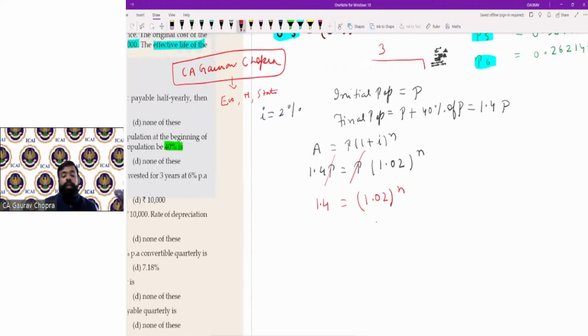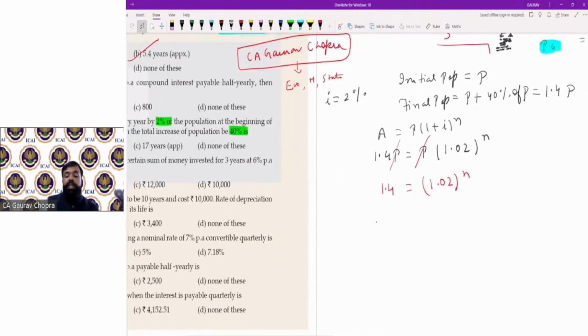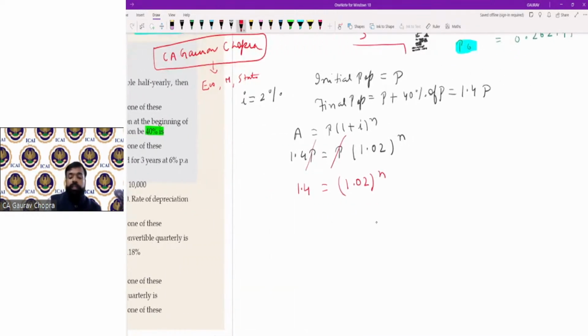So after pressing for 17 times, that is when N is equal to 17, you are getting your result. Therefore, number of years will be 17. Okay, so in this way, you can easily get your answer. N is equal to 17. So you just have to do this calculation on your calculator.